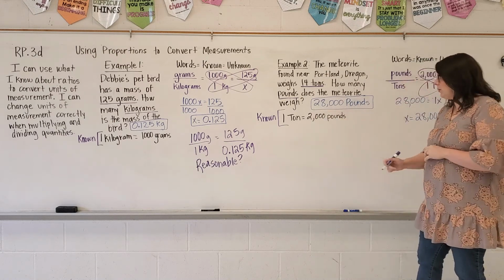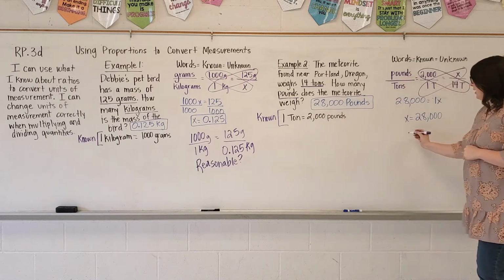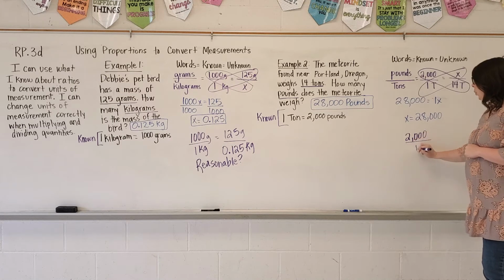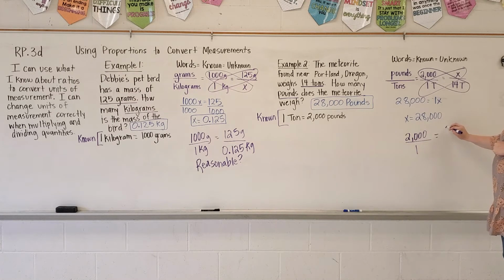Again, we can check for reasonableness by saying, if 2,000 pounds is equal to 1 ton, then 28,000 pounds is equal to 14 tons. And again, this makes sense because it is a reasonable answer.